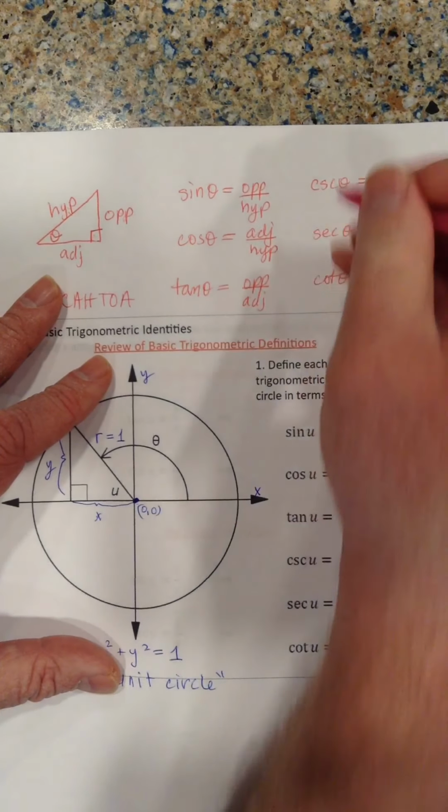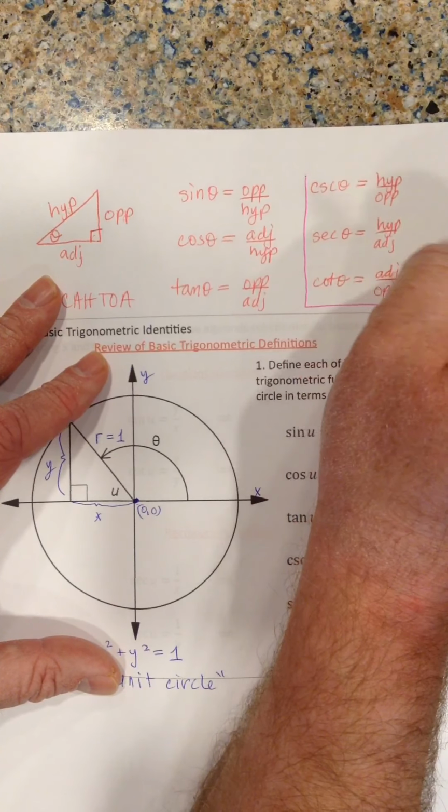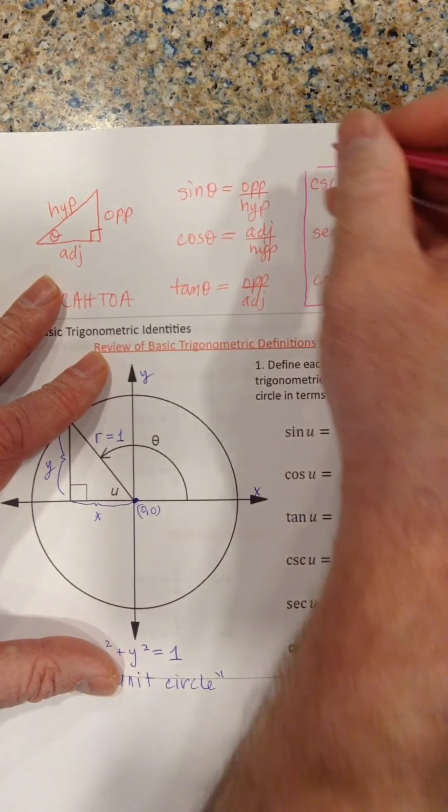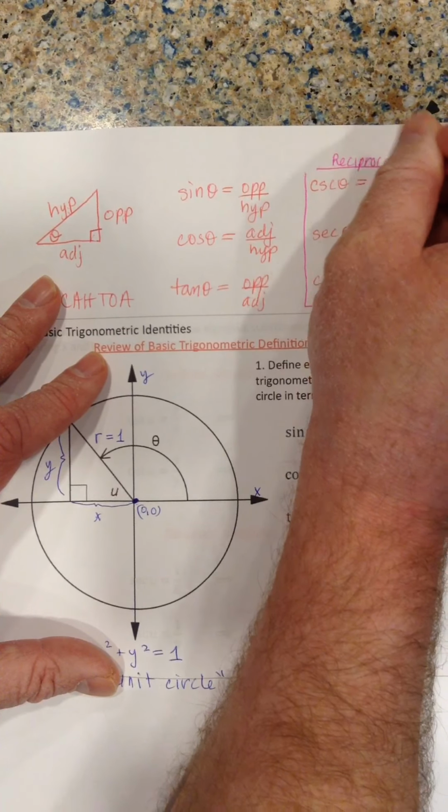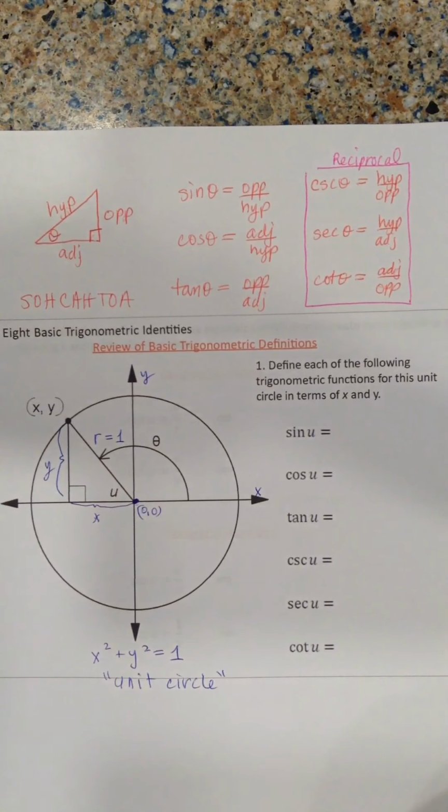And these 3 are known as reciprocal identities. Okay, and we'll come into those again in a minute.